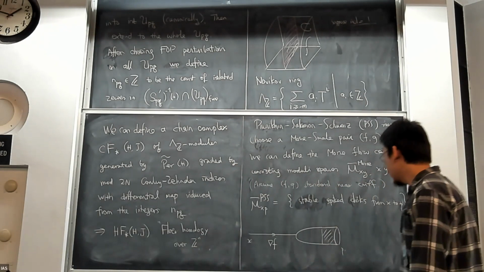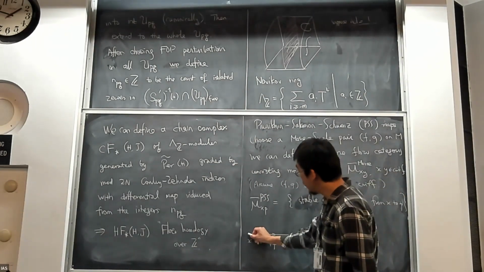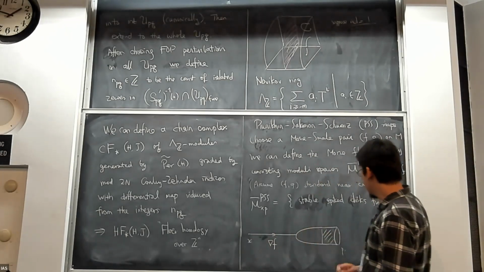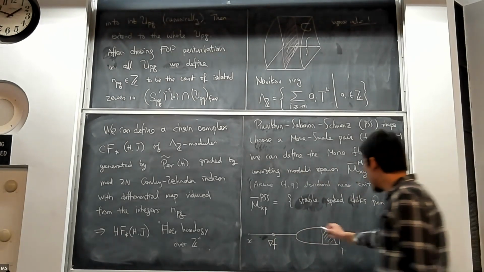This is a combination of a half gradient flow line connected with some holomorphic curve perturbed by this Hamiltonian. So let me write down this equation here.